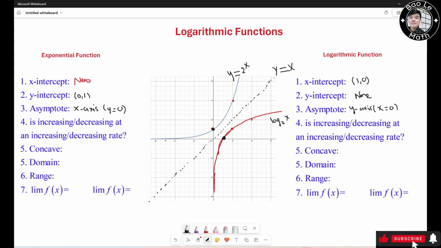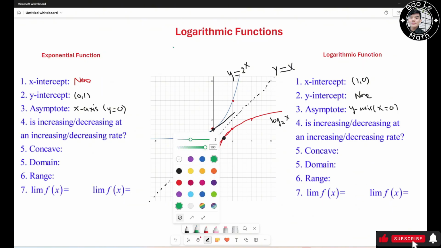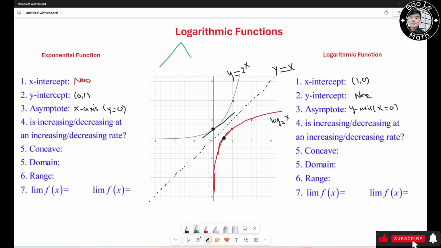For the function right here, you just sketch the tangent line and you use the Christmas tree trick. So I have the Christmas tree right here. Now if the lines go in this way, the slope is positive. If the slope is positive, the function is increasing.